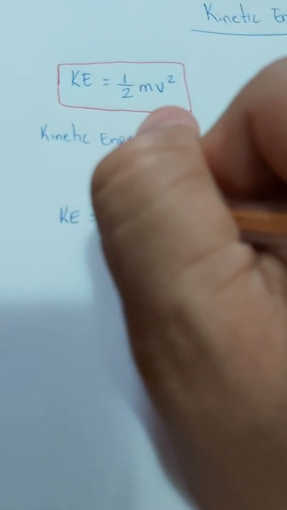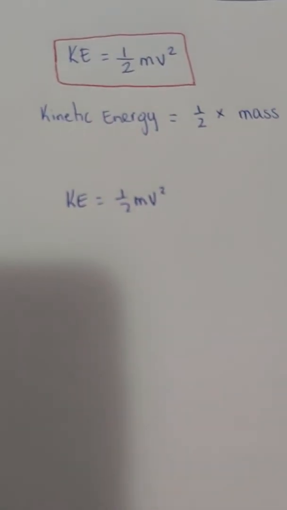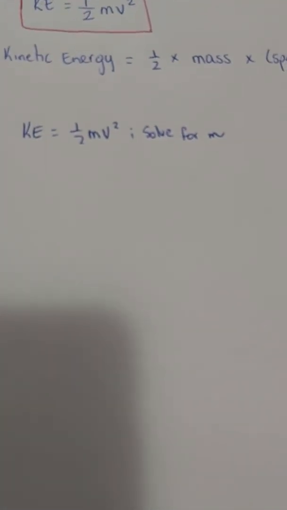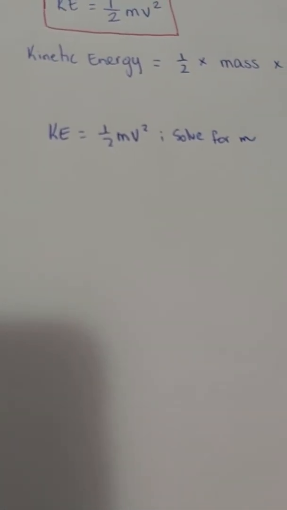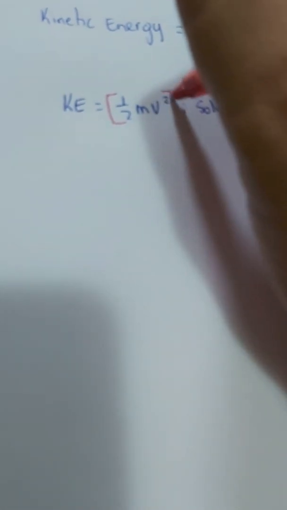So kinetic energy equals 1/2 mass times velocity squared. Let's solve this formula for mass. Okay, so first, let's multiply both sides of the equation by 2.